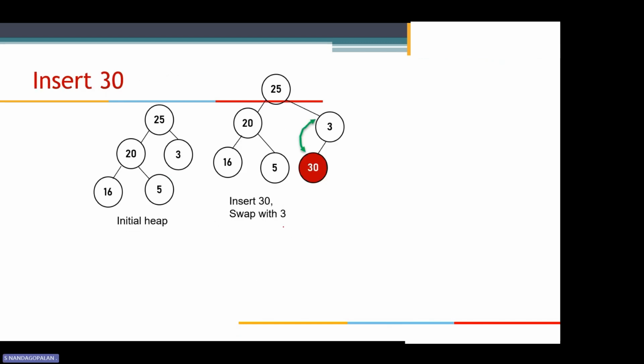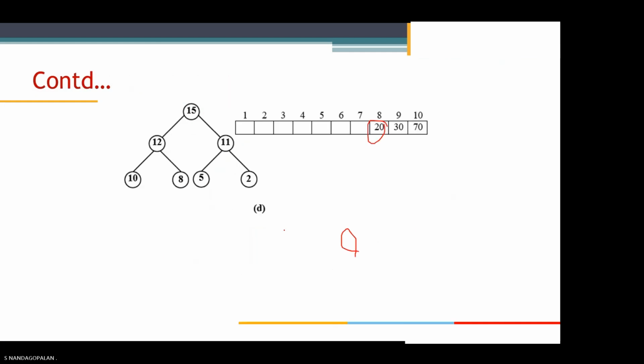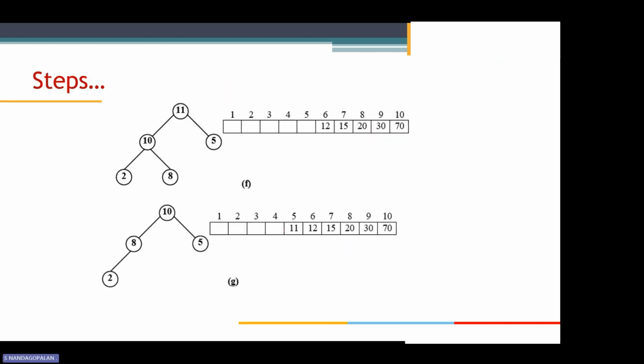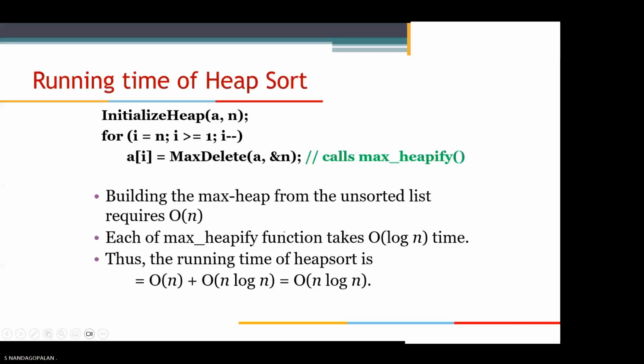Now the complexity of the heap sort. In every iteration, I told you, we call max delete, get the max and put it in max heap, that is last to first.